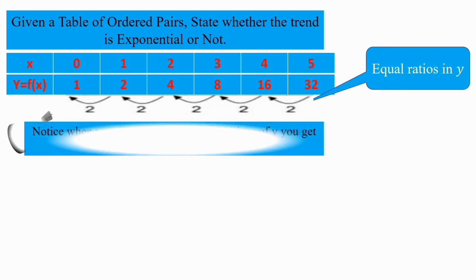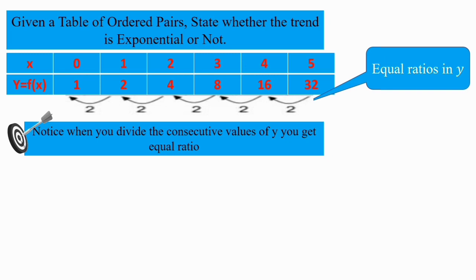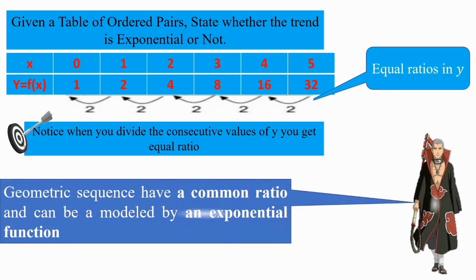So, if you notice, when you divide the consecutive values of y, you get the equal ratio. So, ibig sabihin, geometric sequence have a common ratio and can be modeled by an exponential function. So, kung ang ratio niya is parehas, ibig sabihin, this table of ordered pairs is an exponential function.